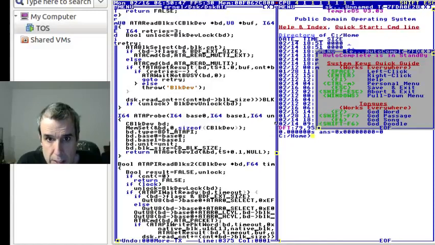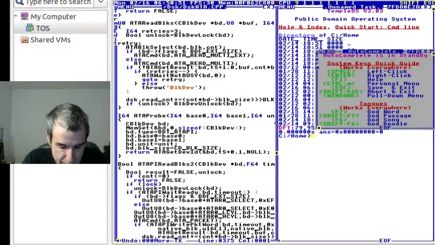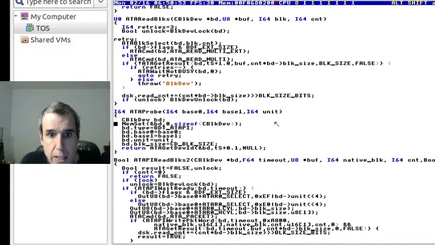And we are in the hard drive ATA code, ATA probe. Okay, so there are I/O ports, 16 bits, 65536 different I/O ports.